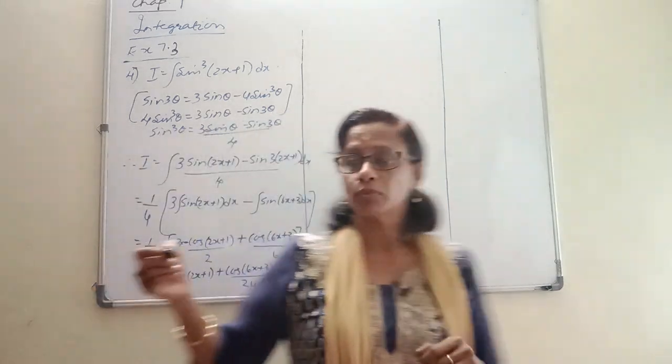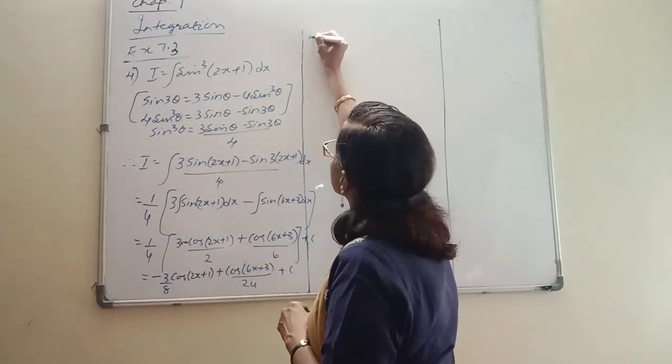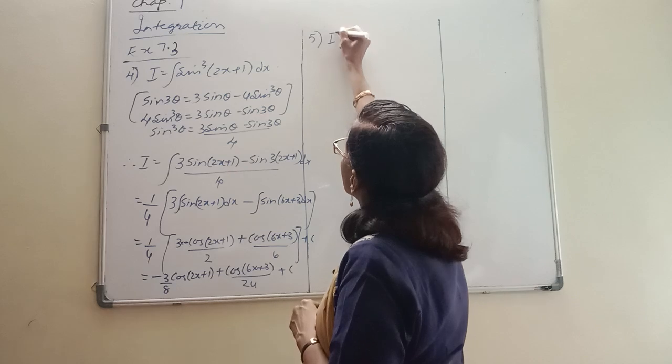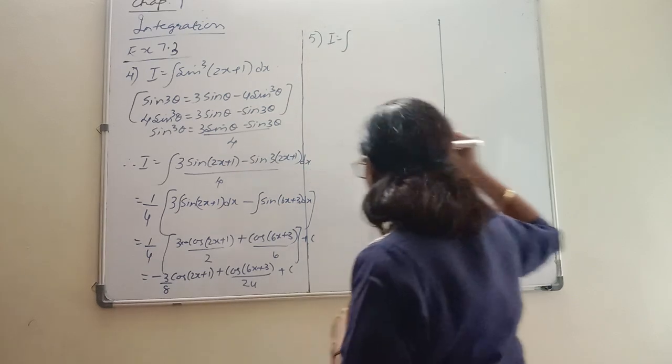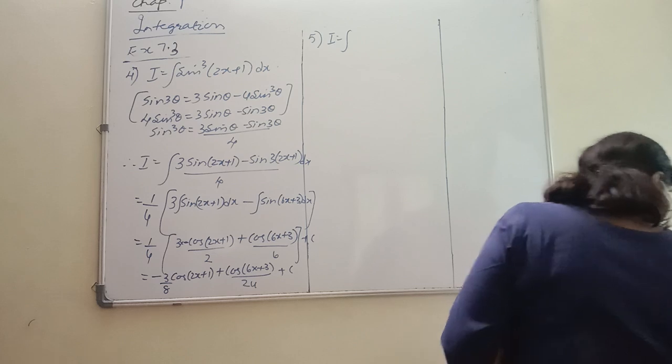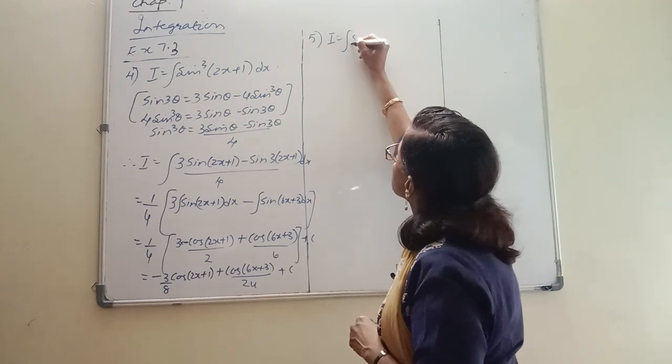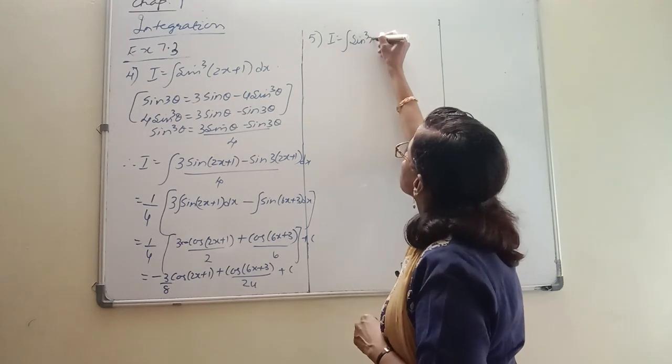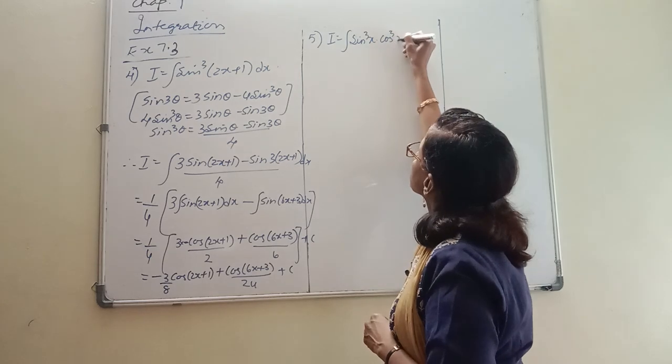Now after this we are moving to the fifth one. Let's see what it says. The fifth one is I equals the integral of sine cube x cos cube x dx.